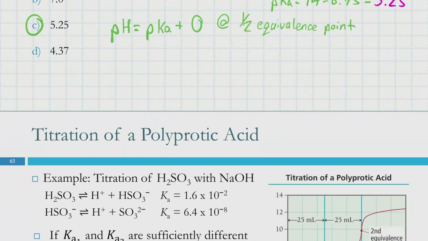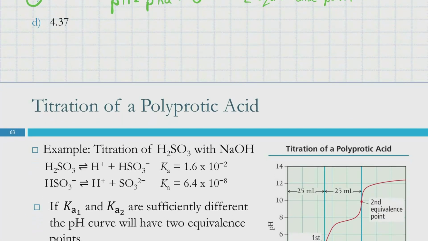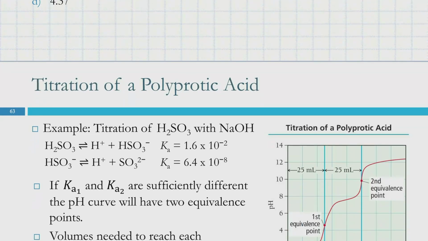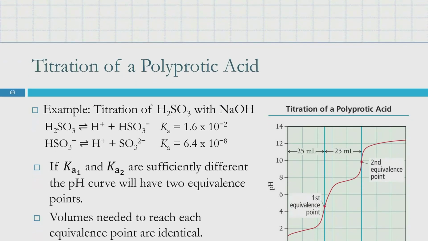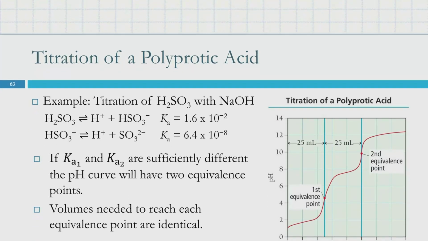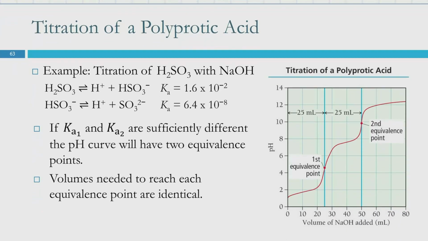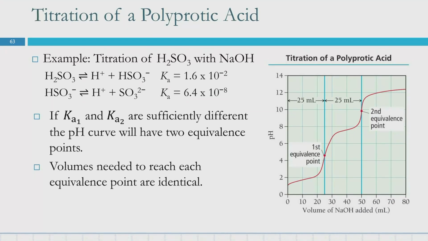If we have a polyprotic acid, like phosphoric acid that we did 2 weeks ago, we've got a couple of equivalence points. If they are sufficiently different, if they're a significant volume different from each other, then we'll have 2 equivalence points, or 3, or however many we have.